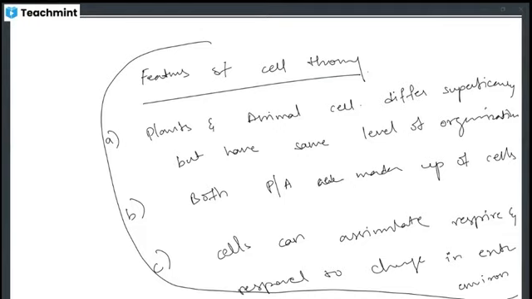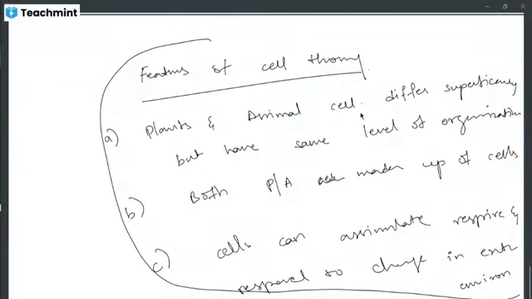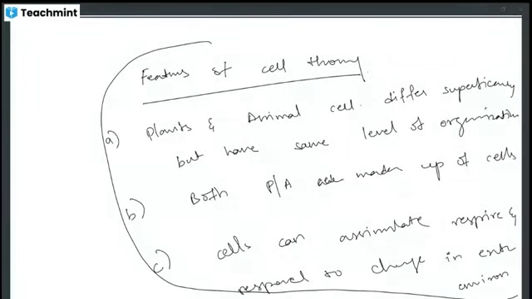So how will the first come under the cell theory? Where it is given that plant and animal cells differ superficially but have the same level of organization, it was not proposed in the cell theory, right? The first statement of your cell theory states that the structural and functional unit of living organisms are these cells. So in the question that I wrote, only statement 2 satisfies your cell theory. Okay.